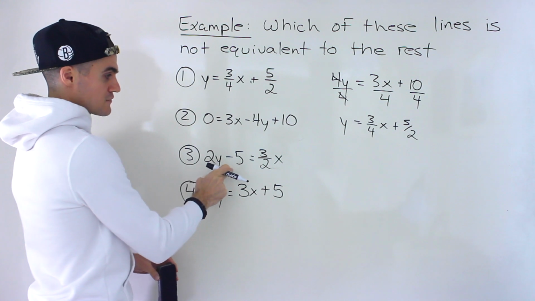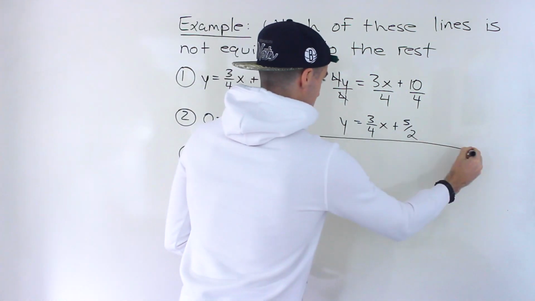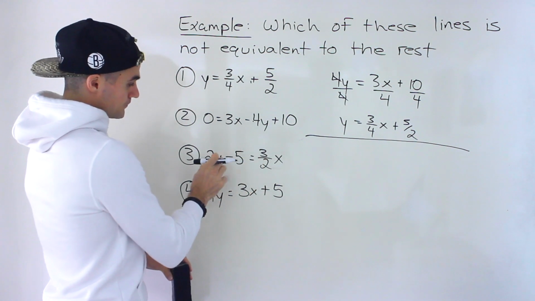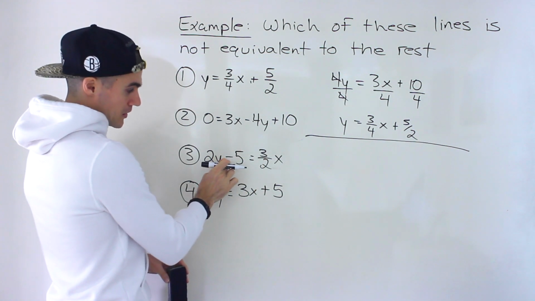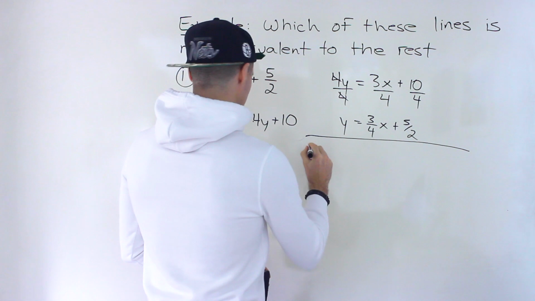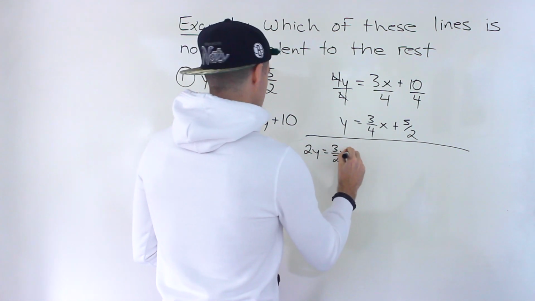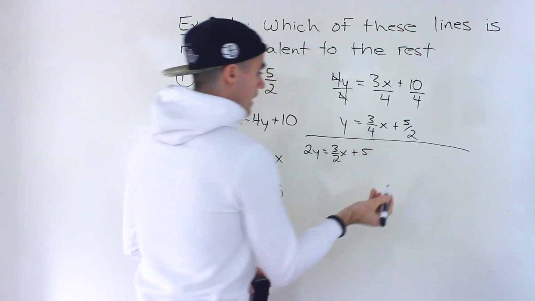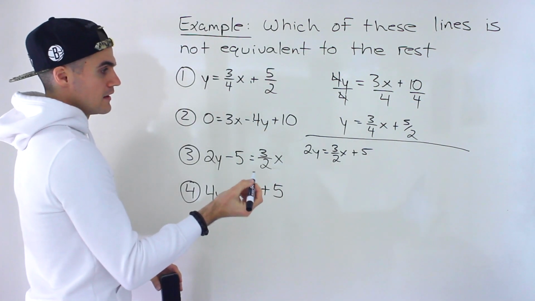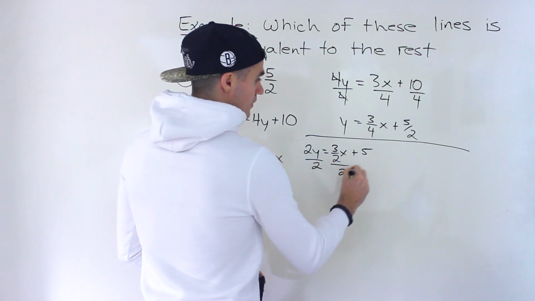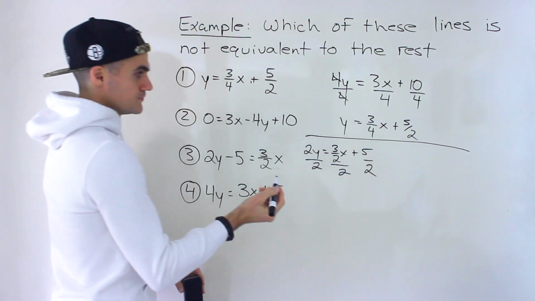We've got 2y minus 5 equals 3 over 2x. So we have the 2y over here, and I'm going to bring the 5 over. So we'd have 2y equals 3 over 2x plus 5. From here, same thing, we're going to divide everything by 2.